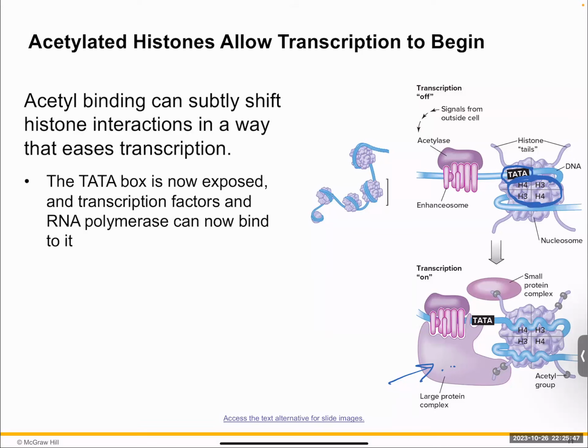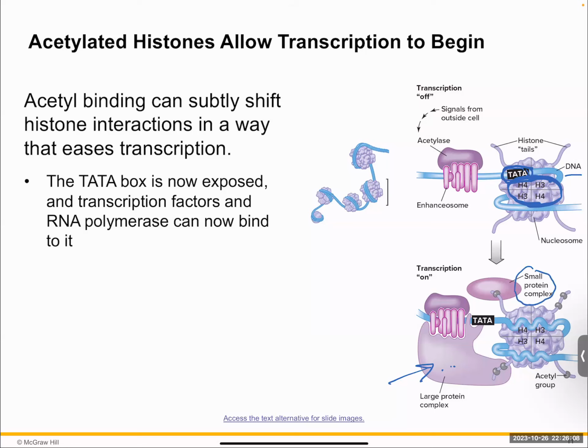So in the top picture, we see that the TATA box is on a region of the DNA that is inaccessible to the factors that can turn on the transcription. At the bottom, you can see this protein complex come in, right?